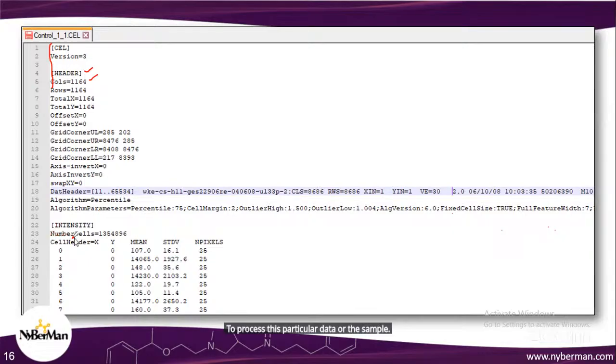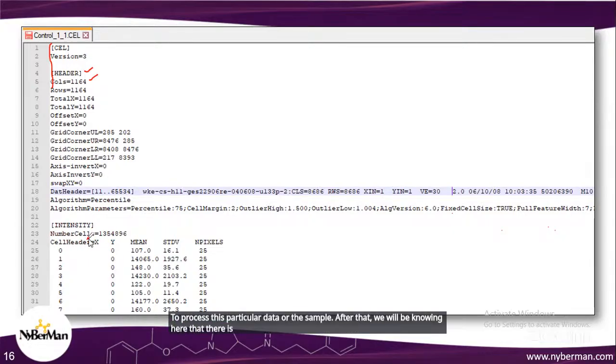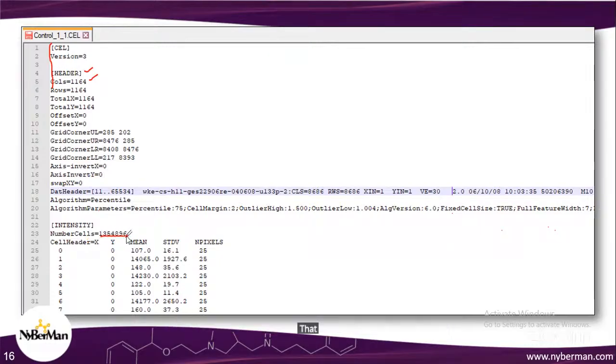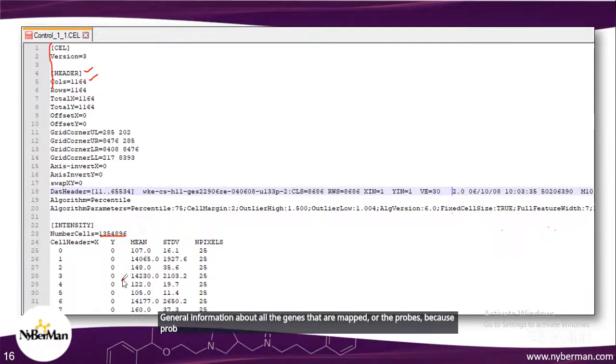After that, we will see the total number of cells mapped to our chip. And then we have the general information about all the genes that are mapped, or the probes, because probes correspond to gene IDs, or standard genes that we have.